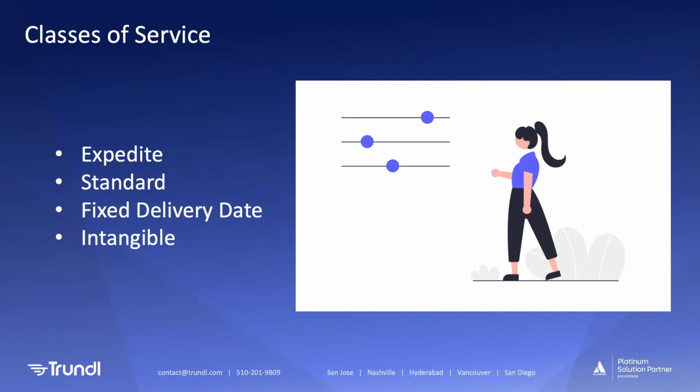Fixed delivery date is the second most important, and it's dedicated to assignments with a fixed date and a high cost of failing to deliver on time. Standard: the majority of your tasks will be standard class of service, reserved for items with a moderate cost of delay, but they tolerate longer lead times and don't require much prioritizing.